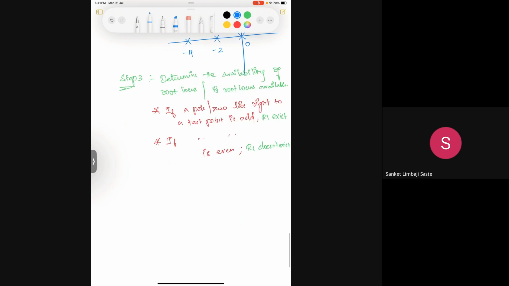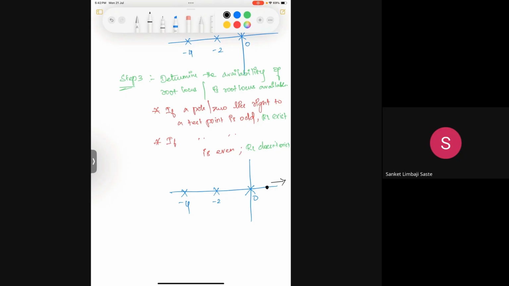For example, in our case, there are 3 poles, right? -2, 0, -4. Now I am taking a test point here. I am looking whether there are any poles or zeros to the right side of this test point. Is there any pole or zero to the right of the test point?